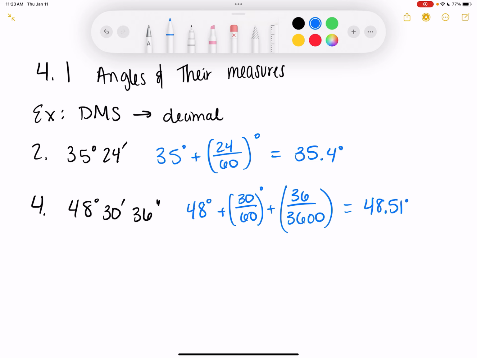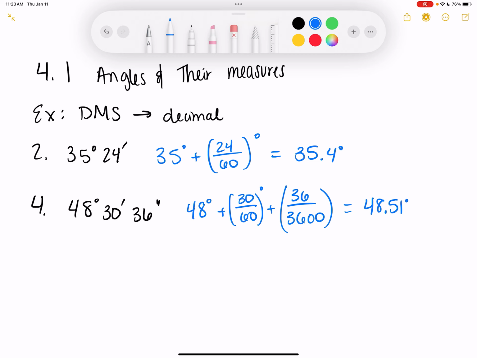Why 3,600? Because, well, it's a conversion factor, but basically for seconds, we have to convert it to minutes and then minutes to degrees. So it's the same conversion, like how many seconds are in an hour. So the seconds one will always be divided by 3,600.